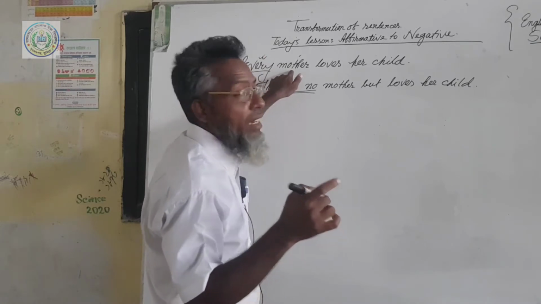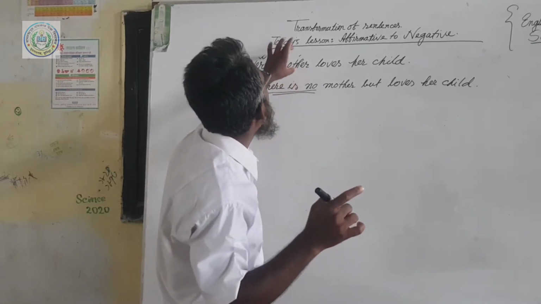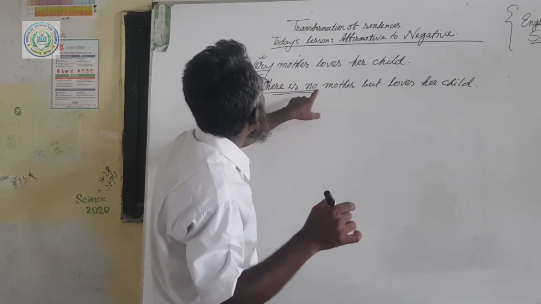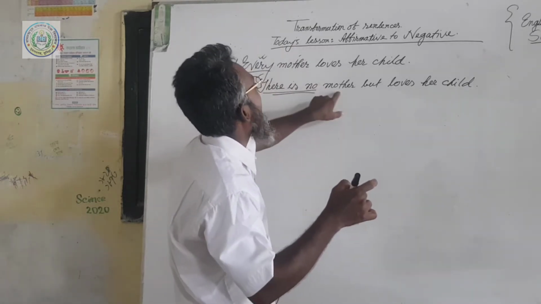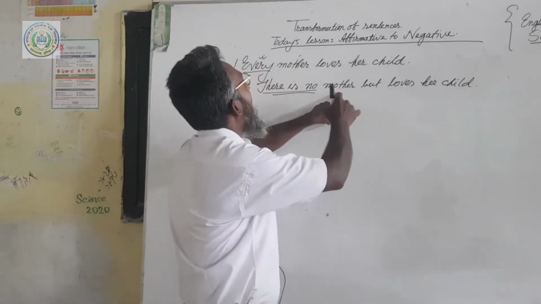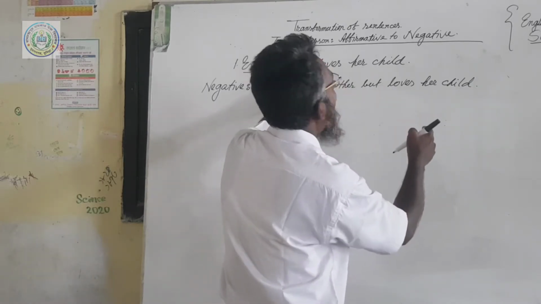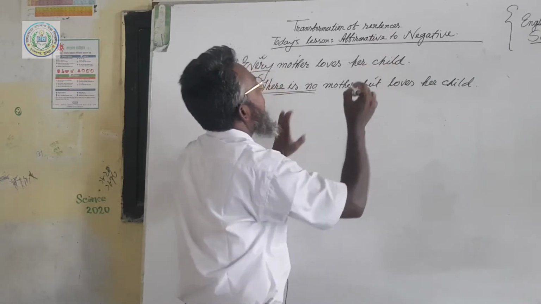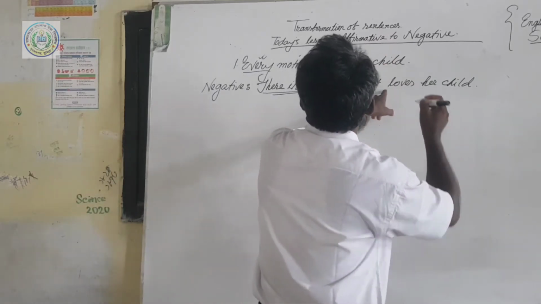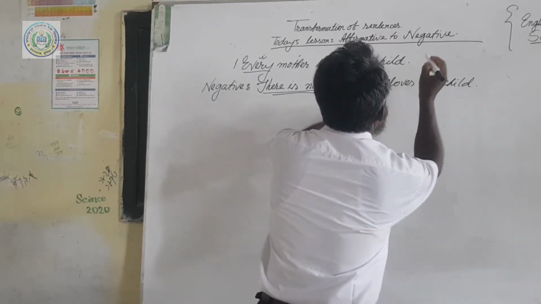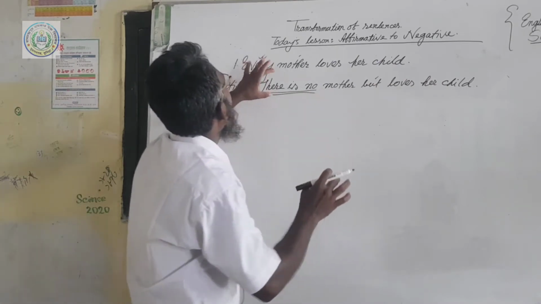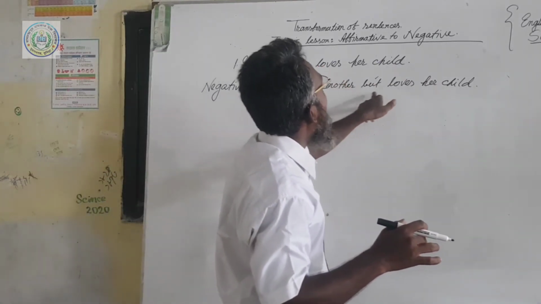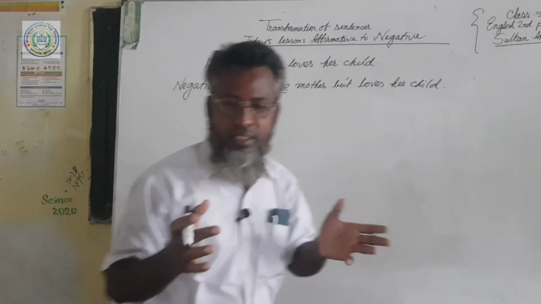So I do not omit mother here. There is no, then mother. The noun also comes here. Before the verb loves, I wrote but. Then I wrote loves. So here we see there is no mother but loves her child.